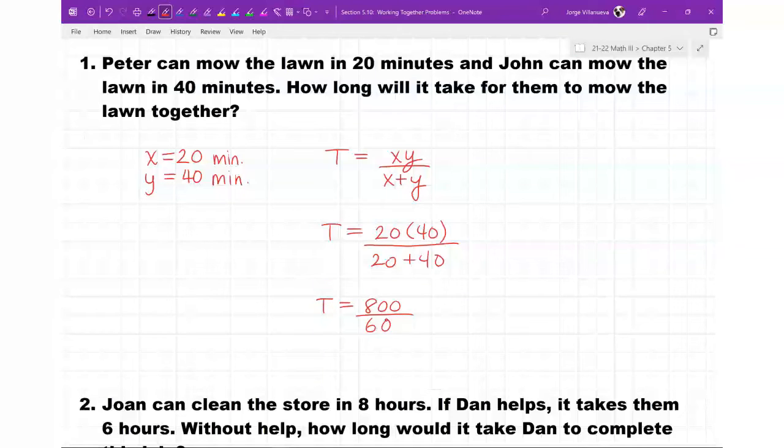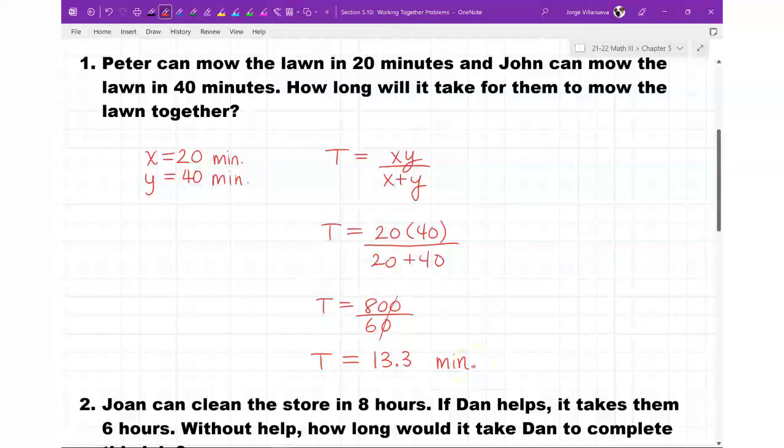All right, so I'm just getting my calculator ready here in case we get some weird numbers. Now you can cancel out some of these zeros. That's like reducing by 10. So 80 divided by 6, or if you want to do 800 divided by 60, is 13.3 minutes.